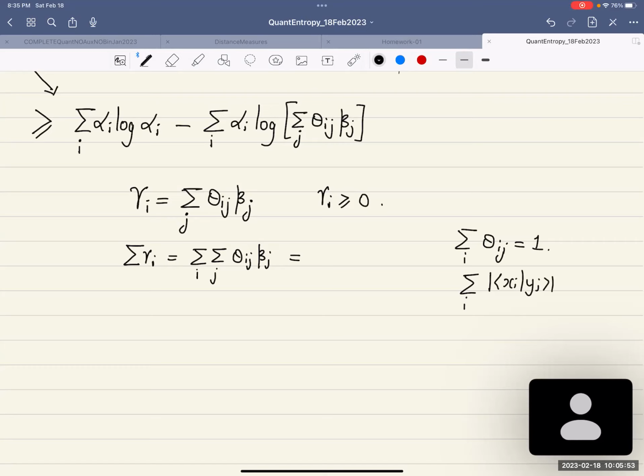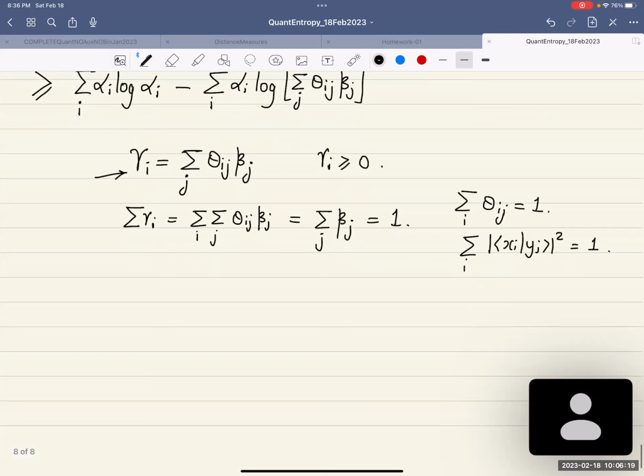So whether I sum it over j or over i, I'll get 1. So I get summation of beta j, because I've summed theta ij over i and I get 1. So this is also 1. So gamma is some other distribution, some other rotated distribution.